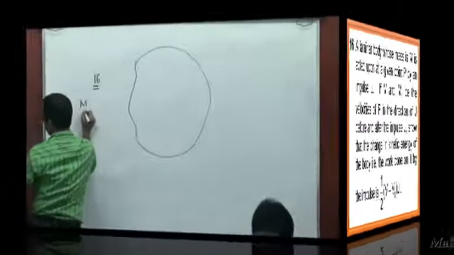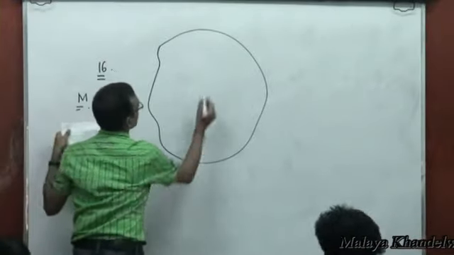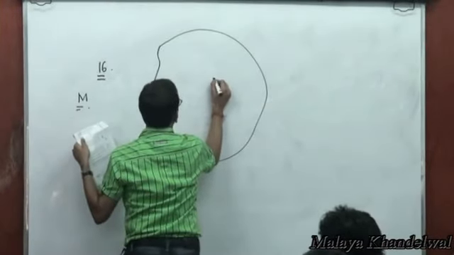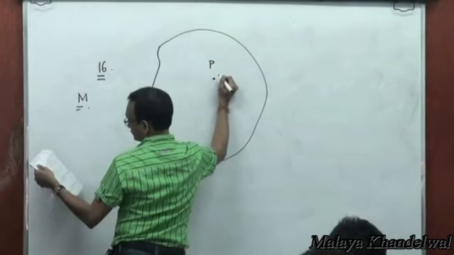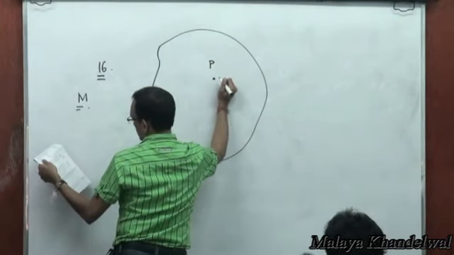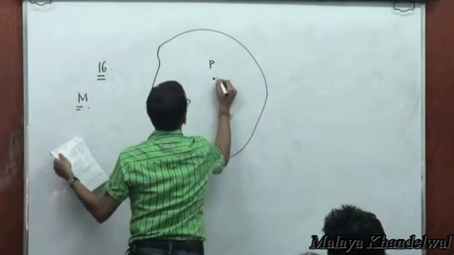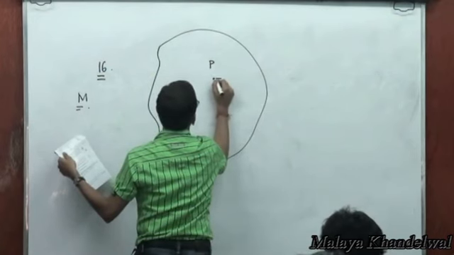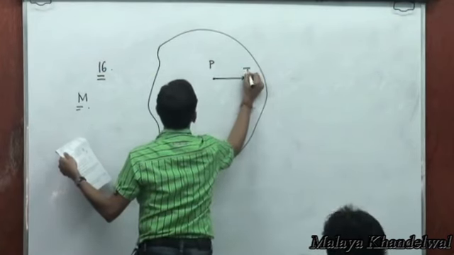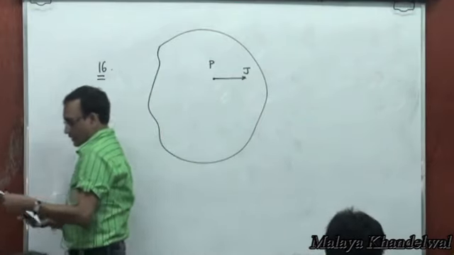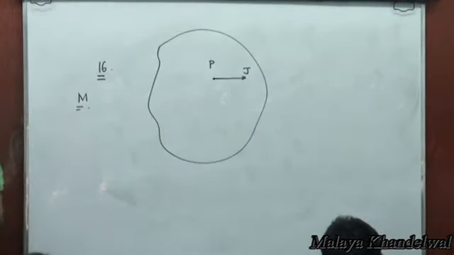A laminar body whose mass is m is being acted upon at a given point P by an impulse J. Capital V and capital V1 are the velocities of the point P in the direction of J before and after the impulse.